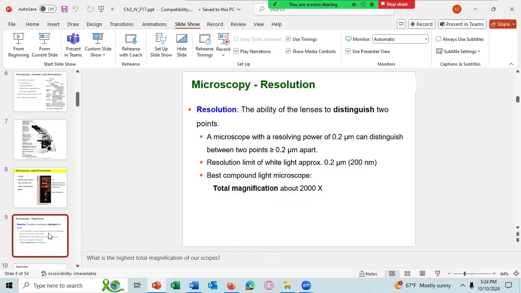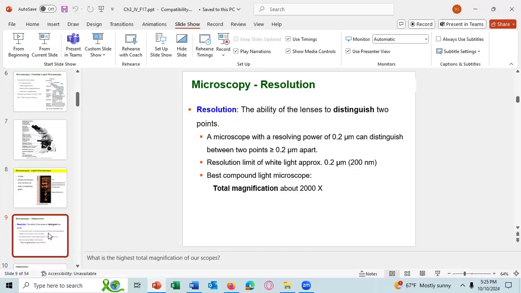Resolution is the ability of the lens to distinguish two points as separate points. The microscope has a resolving power of 0.02 micrometers, and this is the smallest two points can be separated from each other and be seen as two distinct points.